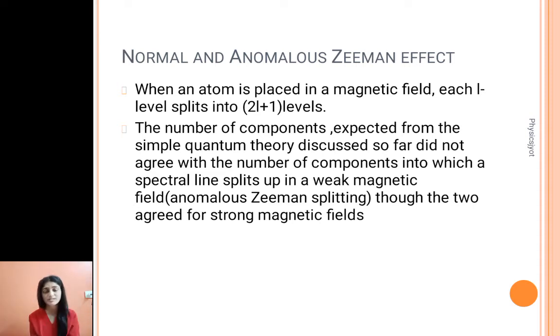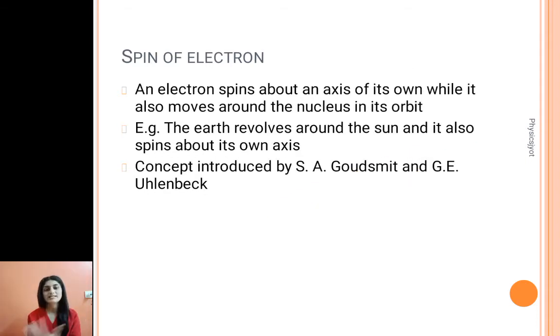If we want to explain the anomalous Zeeman effect, we can do that only when we introduce the concept of electron spin. Let us first understand the spin of the electron, and then slowly as we progress, we are going to study the Zeeman effect in detail.